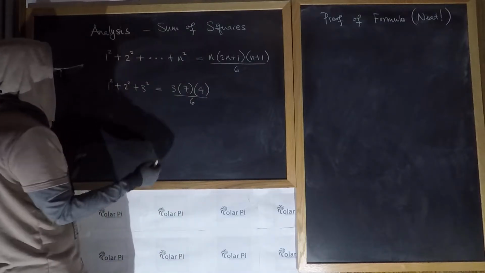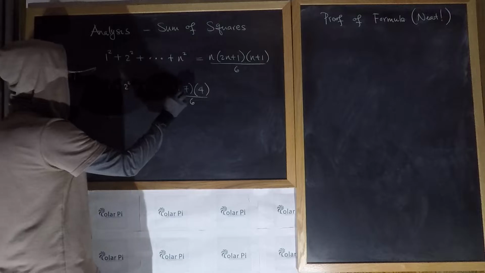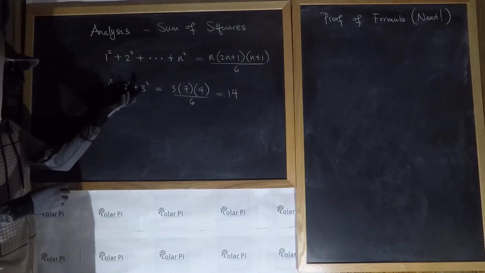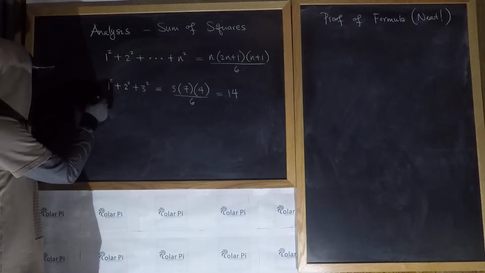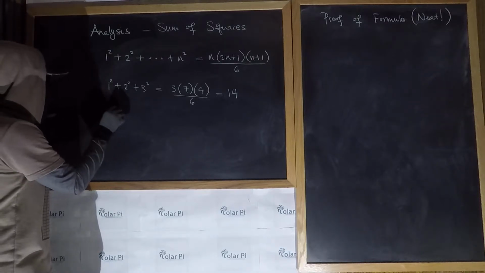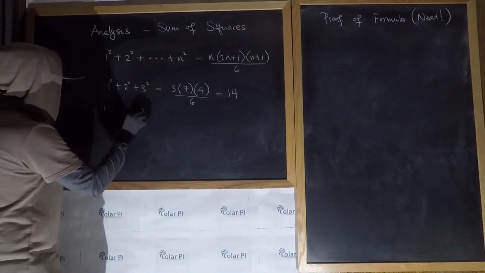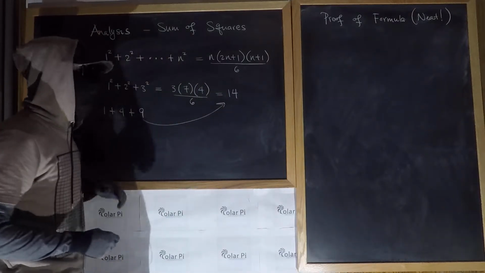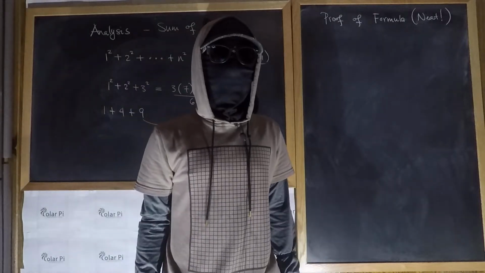Now 3 times 4 makes 12, divided by 6 is 2, so we get 2 times 7, which is 14. This is easy enough to check because we can manually add. 1 squared is 1, plus 2 squared is 4, plus 3 squared is 9. 1 and 9 make 10, plus 4 is 14. Match.